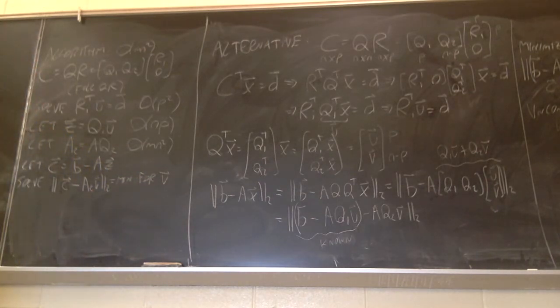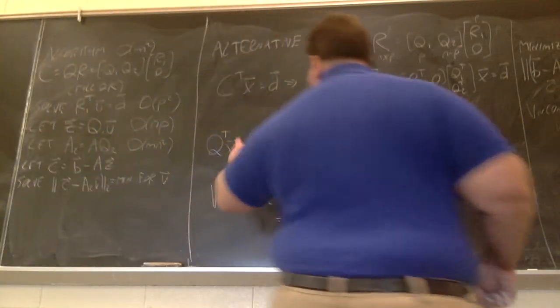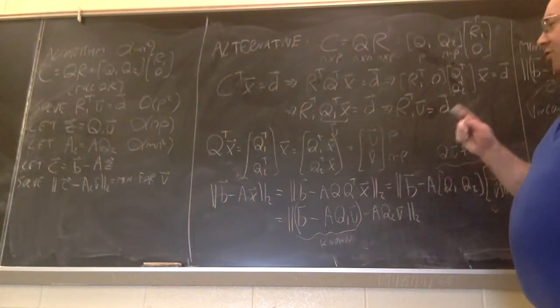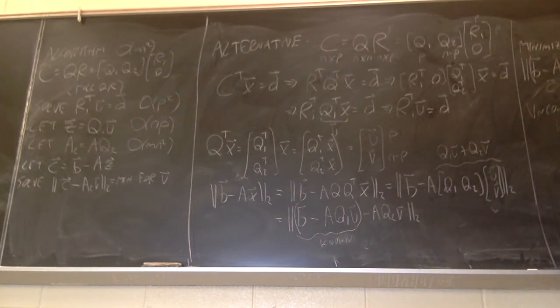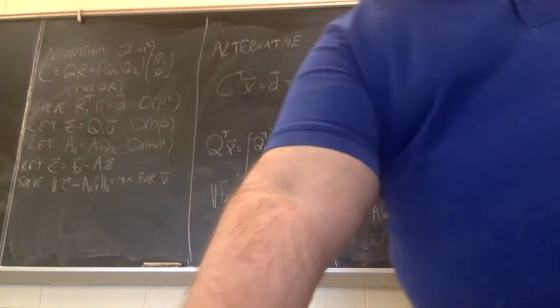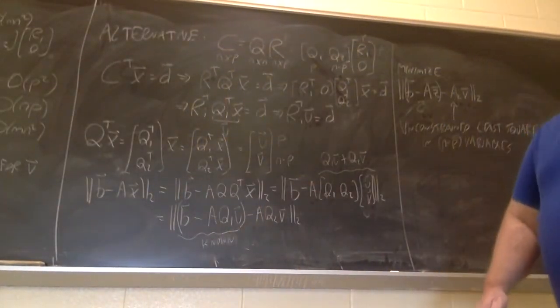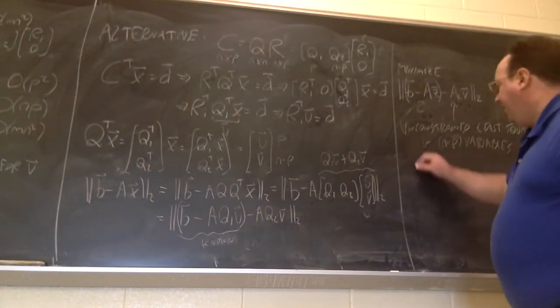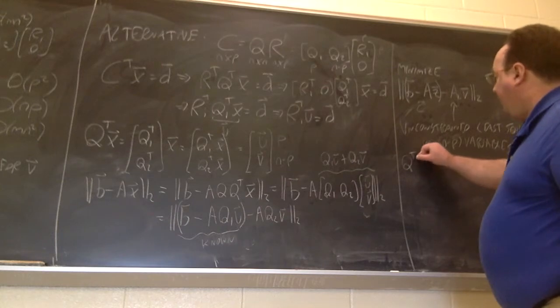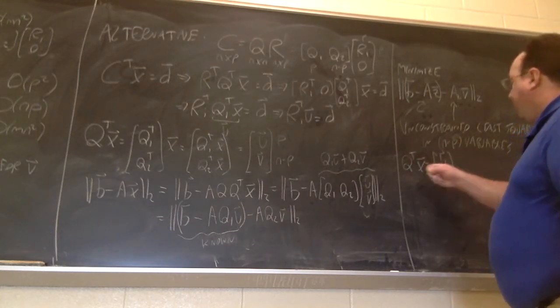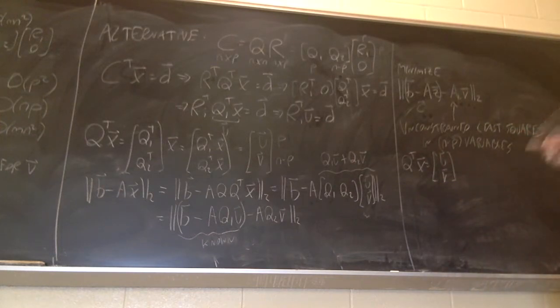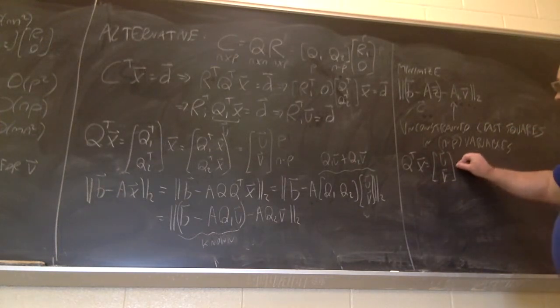Okay. So now I don't have X, but what I do have is Q transpose X. Q transpose X consists of U and V. And now I have both of those pieces. So how to put that together to get X? Now, if Q transpose X is equal to UV, well, Q is an orthogonal matrix. So all I have to do is multiply both sides by Q on the left.